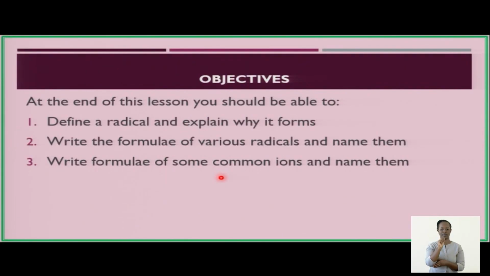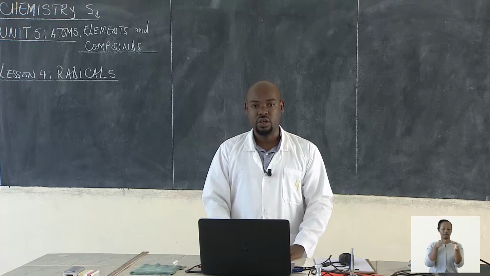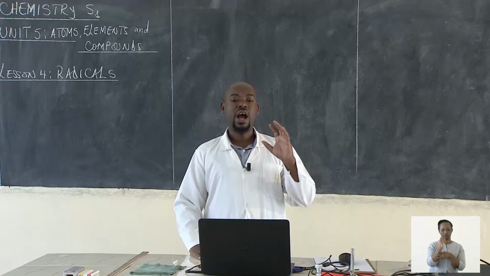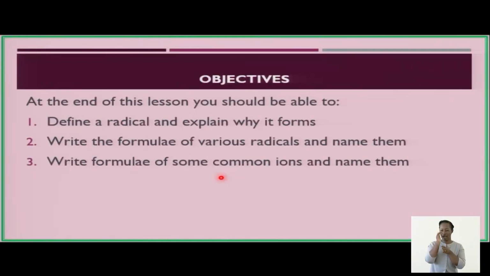Before we dive deep into today's lesson, let us read the objectives. At the end of this lesson, you should be able to define a radical and explain why it forms. Why do radicals form? Or why do atoms combine? You should be able to explain that in brief. And number 2, you should be able to write the formula of various radicals.